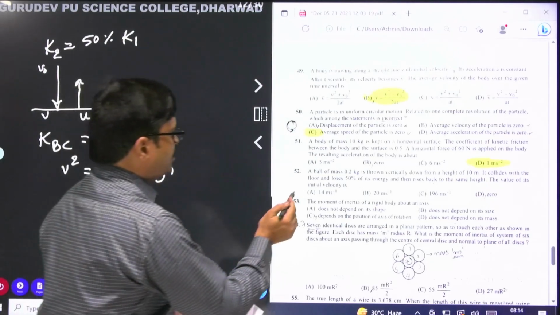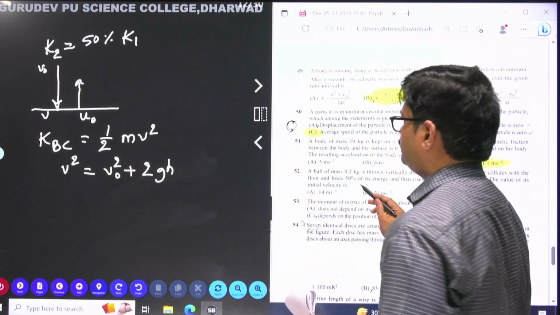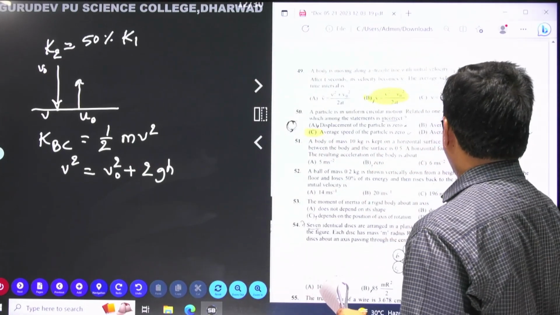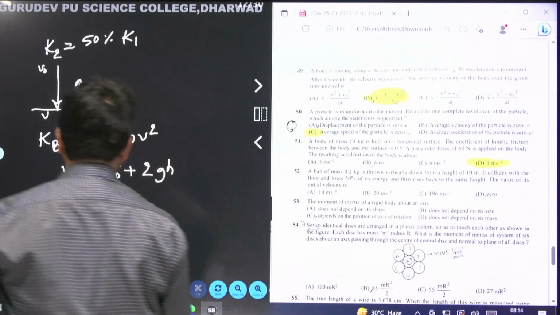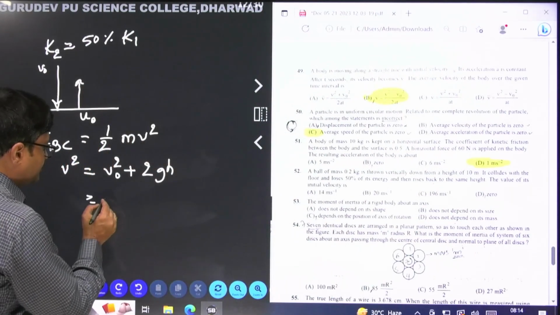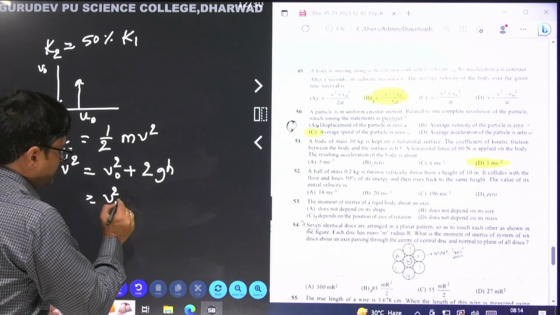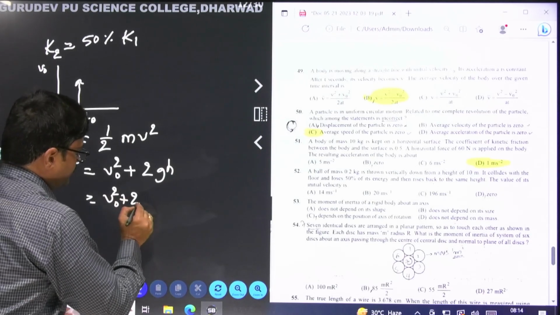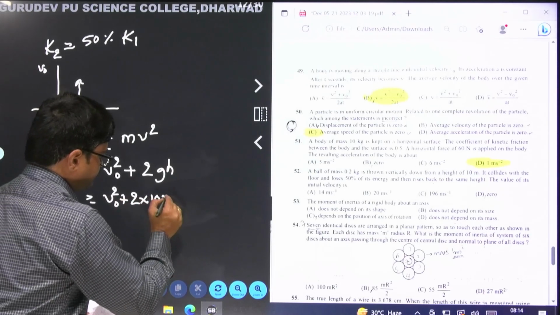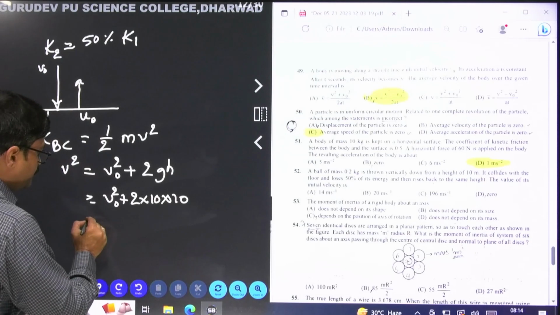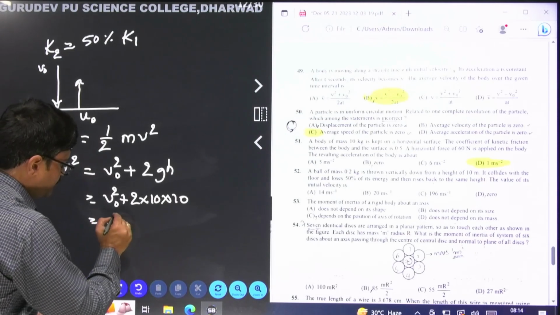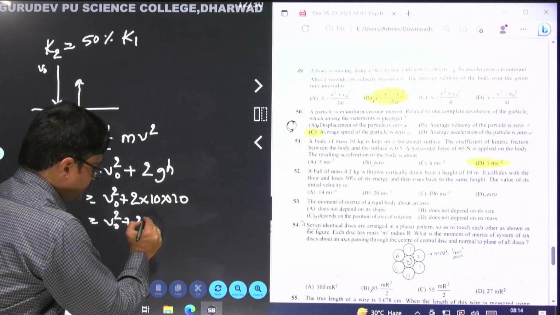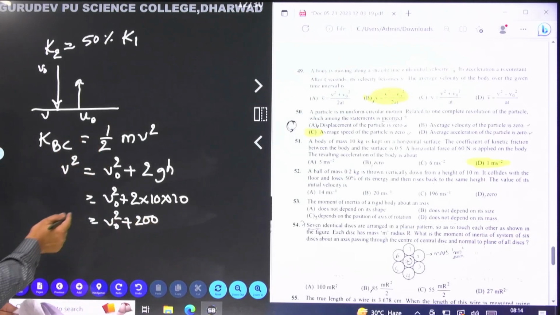Height is how much? According to given, we have height of 10 meter here. So let us go ahead and use that. I'll get this as v naught square plus 2 into 10 into 10. So this will be 200. So I'll write this as v naught square plus 200. So this is the value of v square.